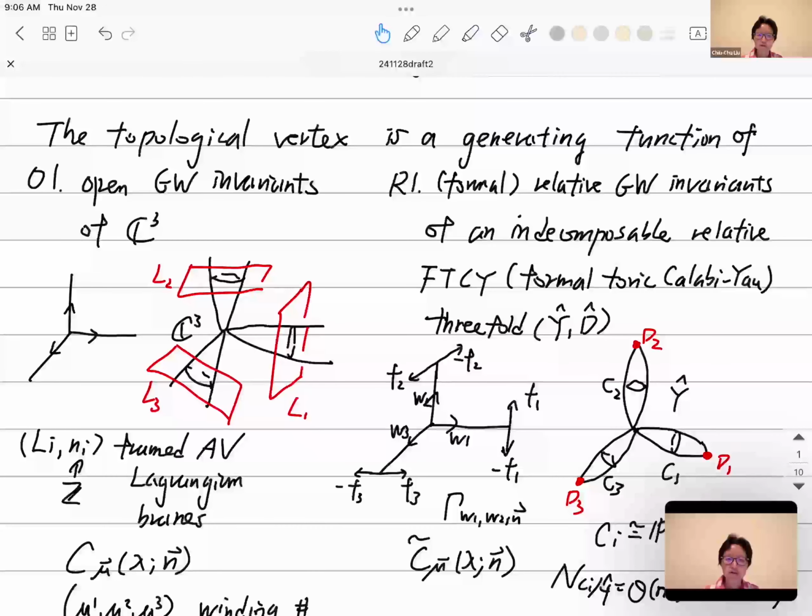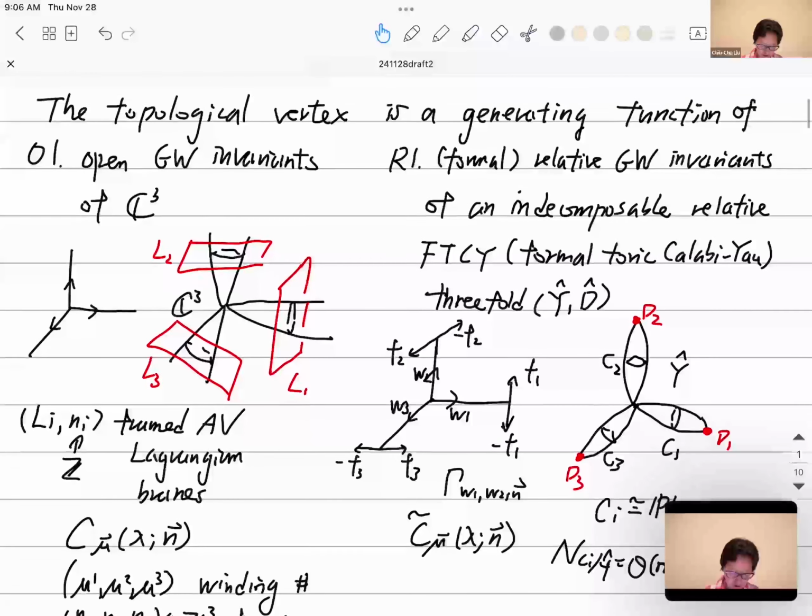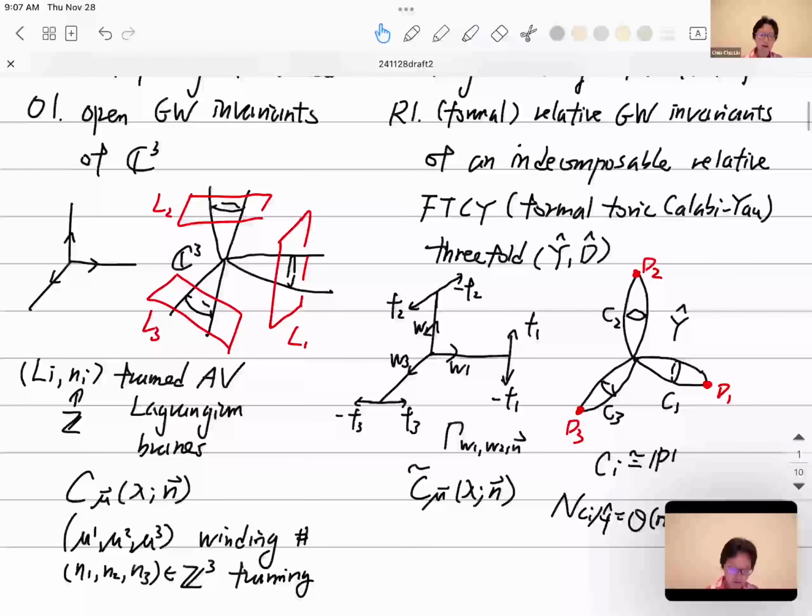The topological vertex is a generating function. In the physics theory on the left-hand side, it is a generating function of open Gromov-Witten invariants of C3 relative to 3 Lagrangians. Each Lagrangian Li is also equipped with a framing.